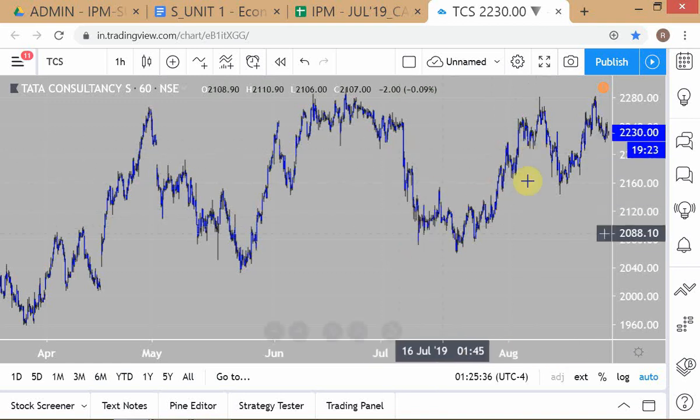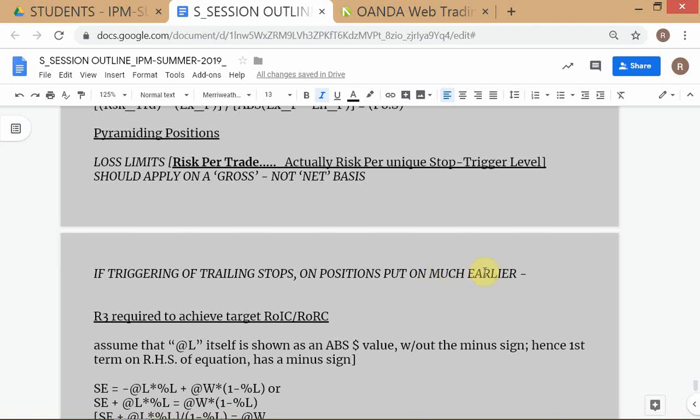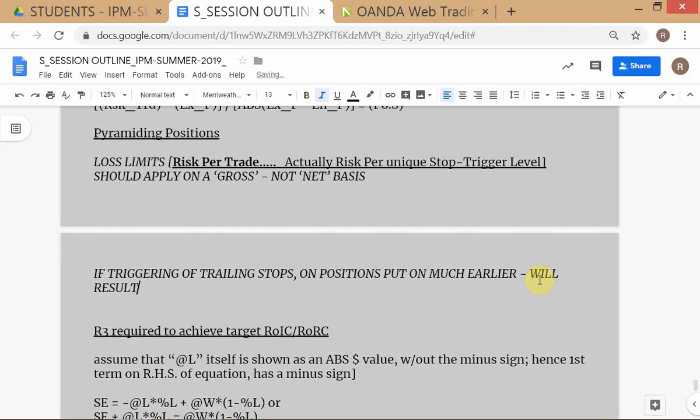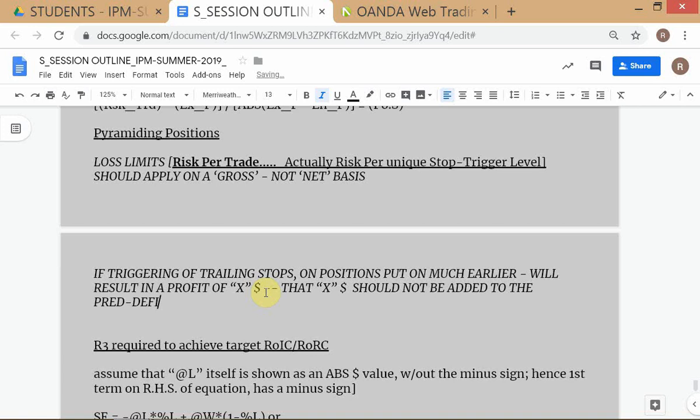Let's say that will result in a profit of X dollars, and that X dollars should not be added to the predefined risk per trade.